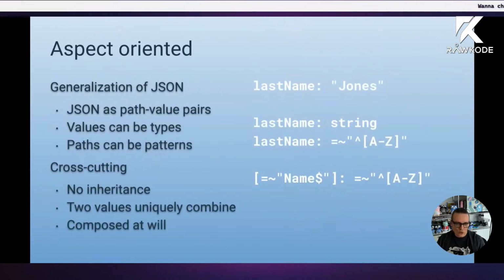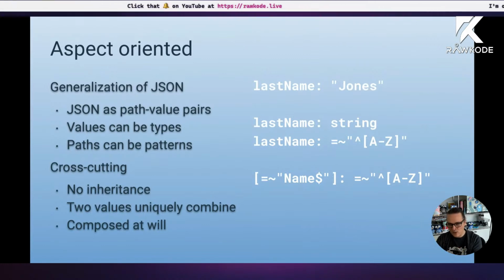Then Q is also aspect oriented. One way to view Q, remember that I said it's sort of a spreadsheet for JSON. If you generalize JSON, or if you want to see what JSON really is, you can see it as a tree of data. But another way to view it is as a path with some concrete value at the end of that path, and then a sequence of that.